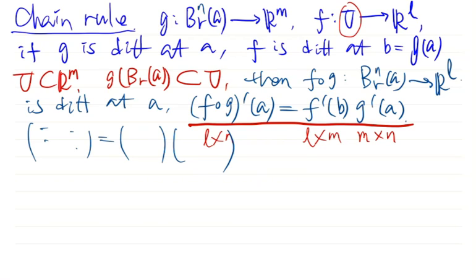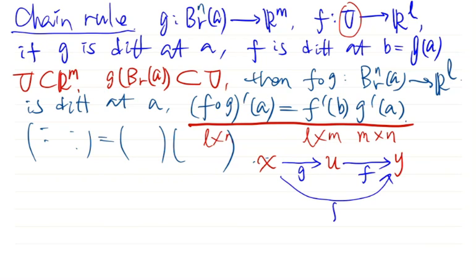But if we use X to denote a point in the ball B in Rn and use U to denote a point in the set U and use Y to denote a point in RL, then our G maps X to U and our F maps U to Y. So the composition maps X to Y. So the derivative of the composition is the partial derivative of Y with respect to X. Y has L components, X has n components, because X belongs to the n-dimensional ball.